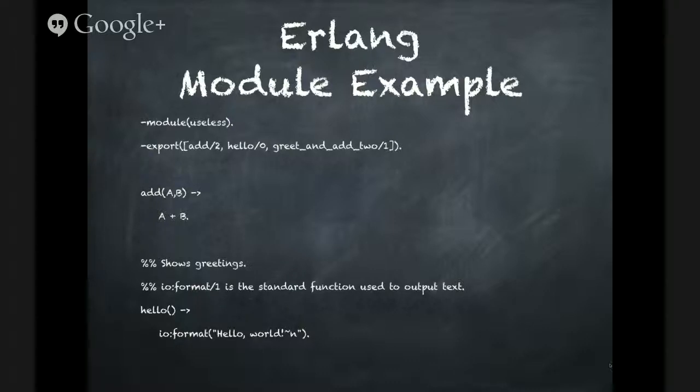Another thing, if you're just learning Erlang, you can just say compile and then export_all, and any functions that are in there, you can use them. And then, of course, we have our add function, which basically just adds a plus b. And then we have another function down there, io:format. IO is another module. It has a format method that basically prints out to the console. So that is our module example.